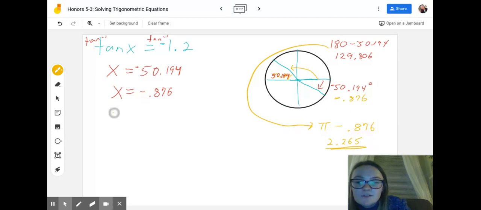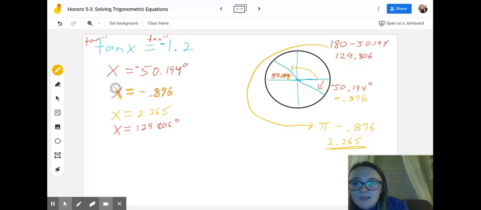So I also have that x is equal to 2.265 radians, or alternatively, I could write it as x is equal to 129.806 degrees. Let me write this one in yellow here for consistency's sake.